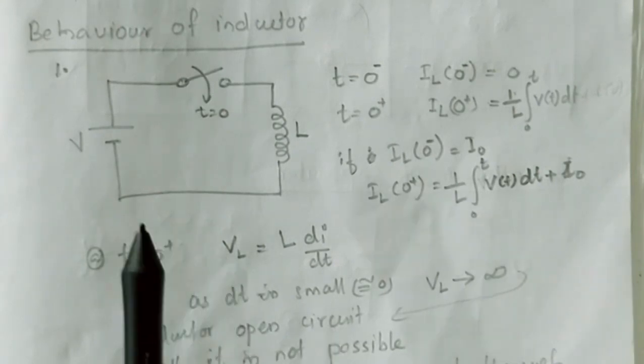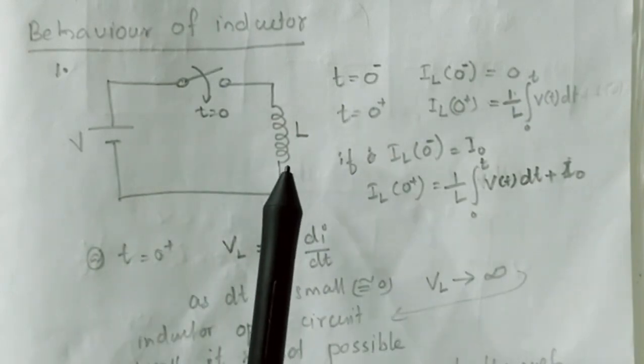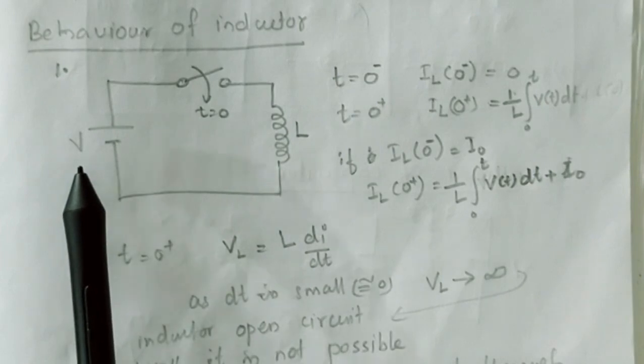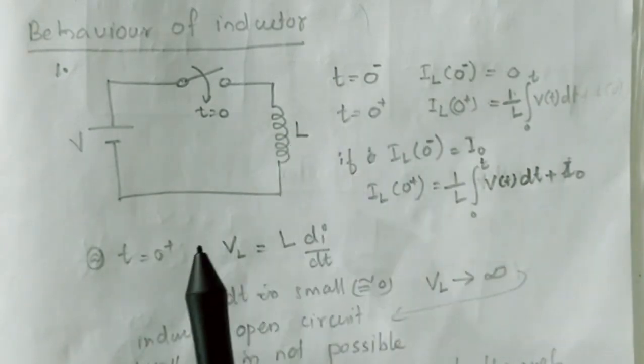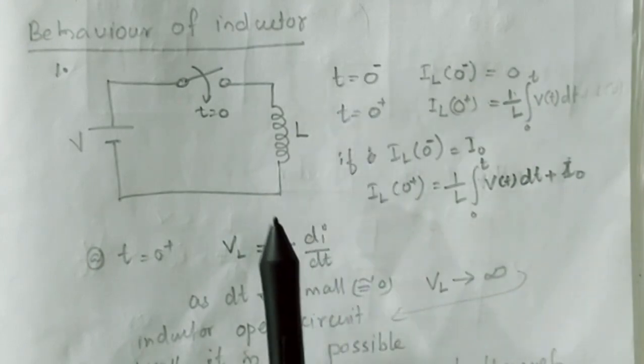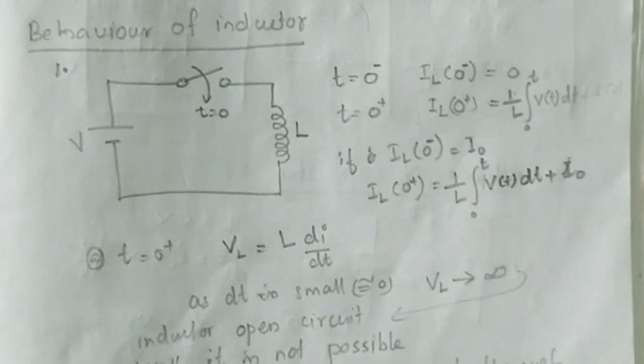So let's consider a circuit like this. Here at t is equal to 0, this inductor is energized with a DC voltage source. So at t is equal to 0 minus, that is just before switching, the current through the inductor, IL0 minus, is 0. There is no initial current.